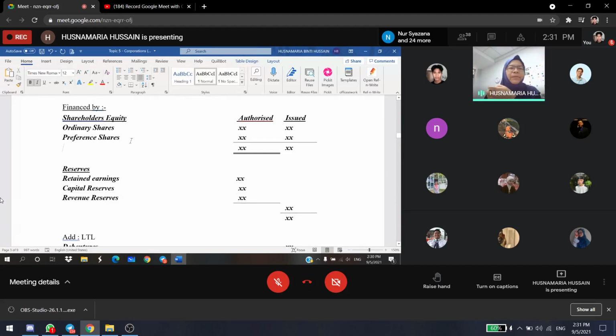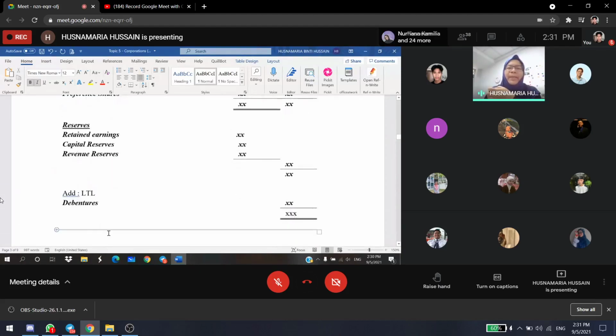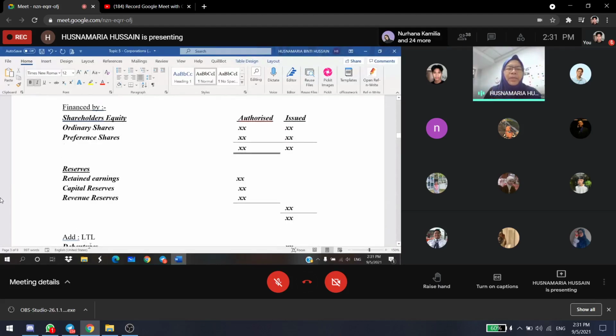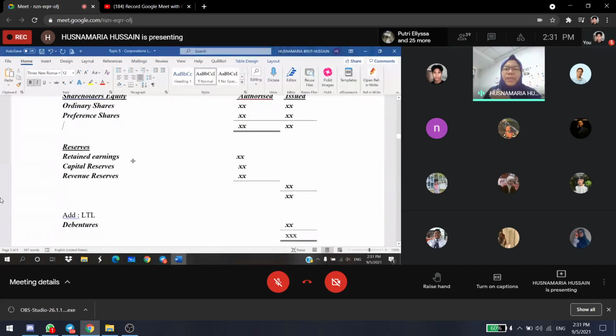So this part is actually from the owner. So that's why we call it owner's equity. Yang lagi satu ni, this is your liability, people outside. So you cannot actually combine owner's equity with creditors. This is your creditors as well. So that's why kalau in exam, dia suruh you list down owner's equity akan stop kat sini.